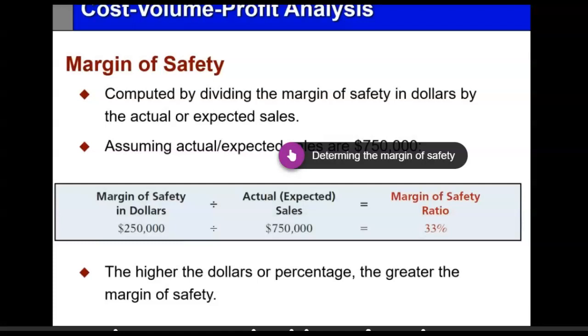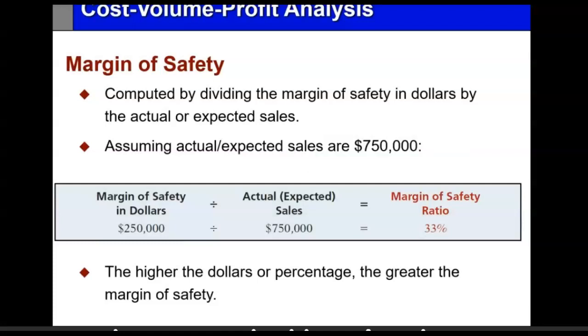So there you have the cost volume profit analysis: zero profit, target net income, margin of safety. Now I have many interactive problems that you can try in this module to deepen your understanding.